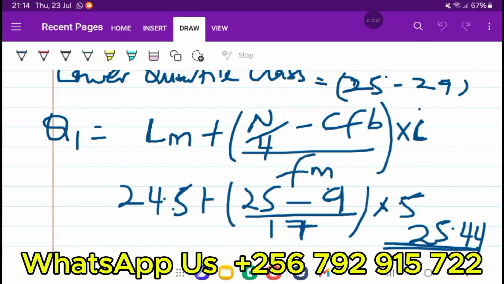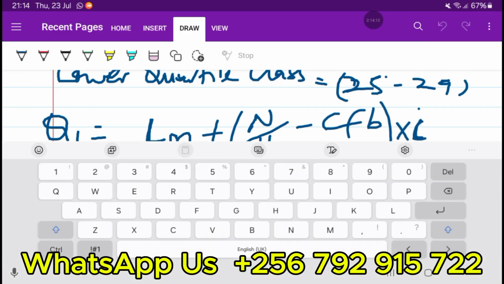If you are looking at the Q2, the classes are going to be different. Q2 is the median, and this is the median class. So for the median class, we always get n over 2, that is 50% times 100, which gives you 50. 50 is just a position. So we need to locate the class.